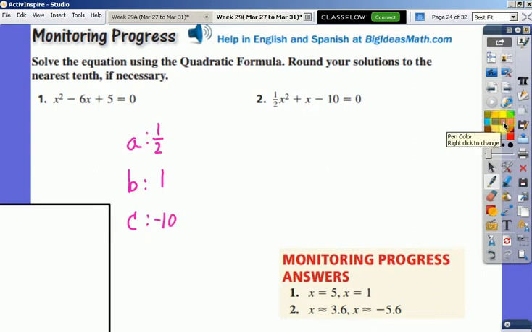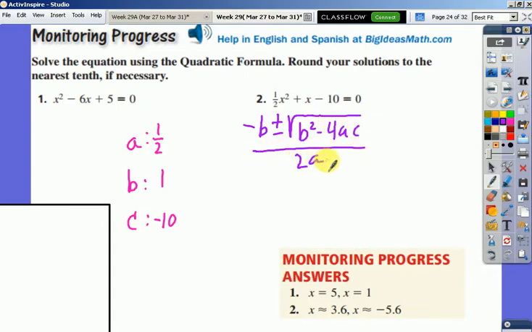When you write the formula: opposite of B plus or minus the square root of B squared minus 4AC all over 2A. Opposite of B would be what? Negative 1. Negative 1 plus or minus the square root of B squared.